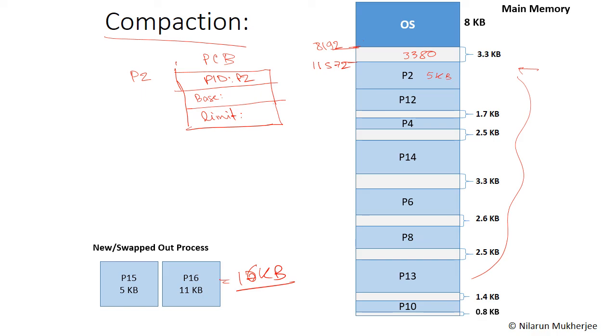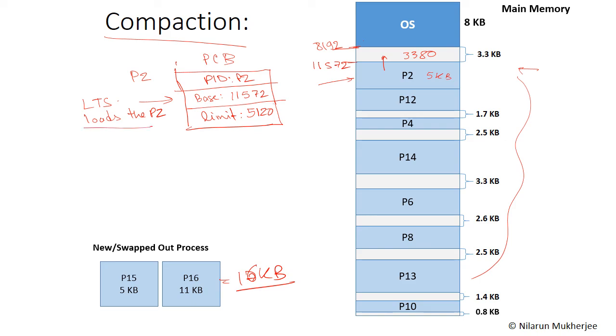So the limit, suppose this is 5 KB, is 5120 and the start address is 11572. Who does it? The LTS when it loads P2.